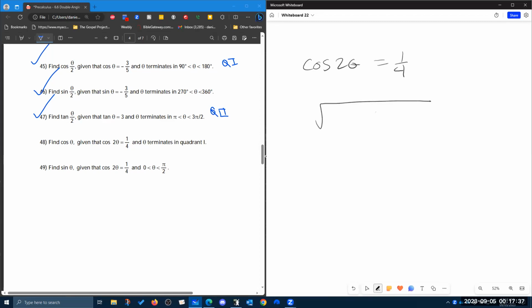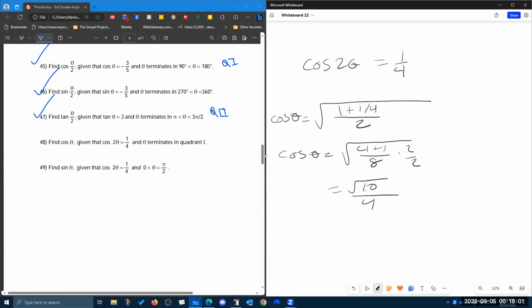So cosine of theta equals the square root of 1 plus 1/4 over 2. Cosine of theta equals 4 plus 1 over 8, which is root 10 over 4.